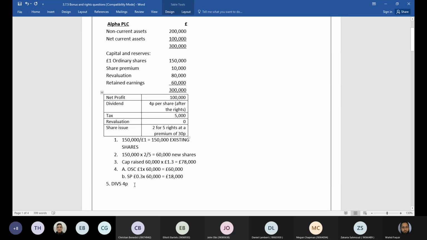In other words, what do I multiply that by? Each share will have a dividend of 4p. Daniel reckons it's 210. Can I have some consensus on this, please? Some of those people that have not communicated anything, please share your knowledge.